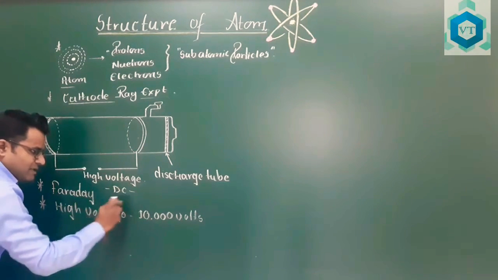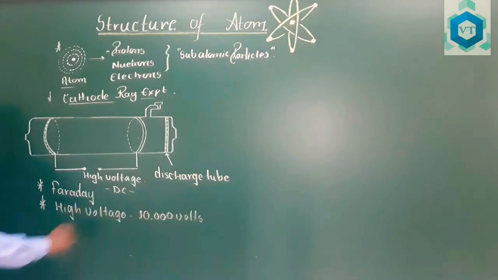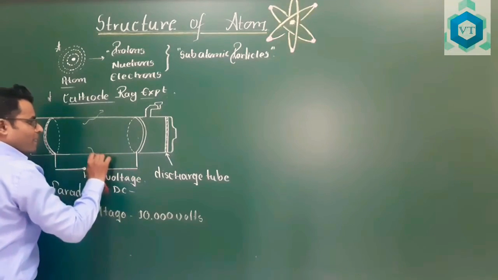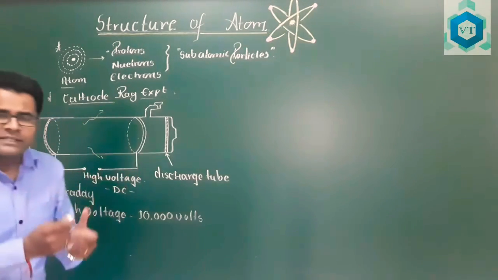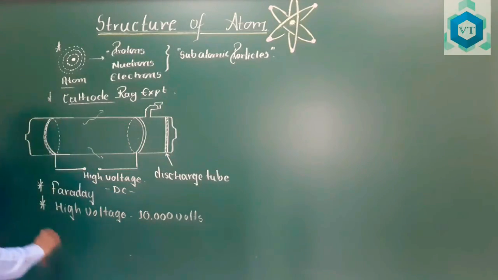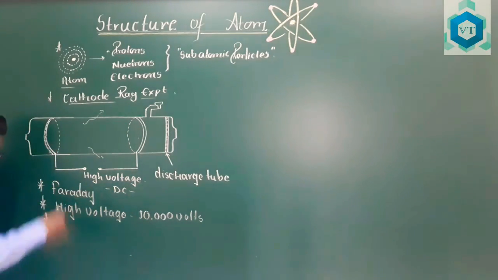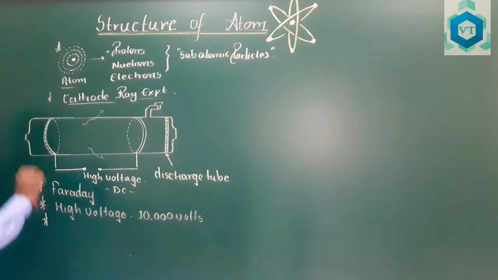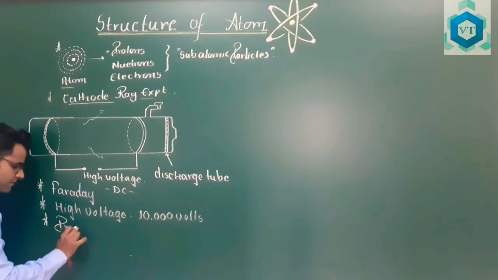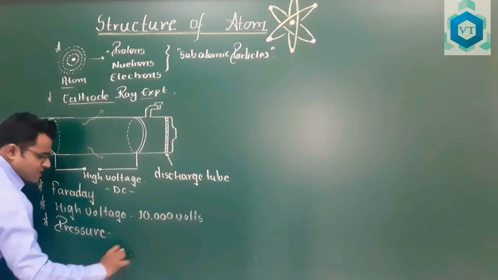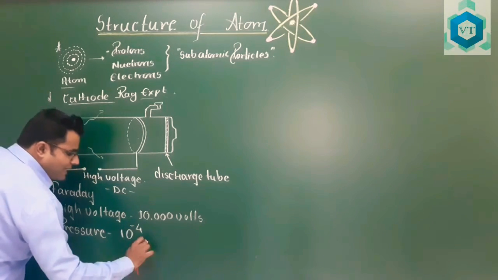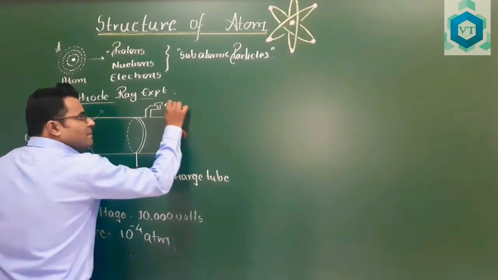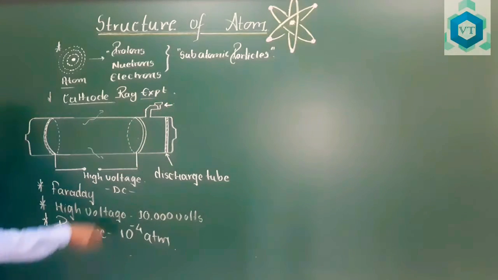Now, as soon as we start supplying such a huge amount of energy, there was a glow of light in this chamber, a greenish glow. Then we set the other condition, which was the pressure inside the discharge tube. The pressure was set to be 10 raised to minus 4 atmosphere by the help of the vacuum pump over here.